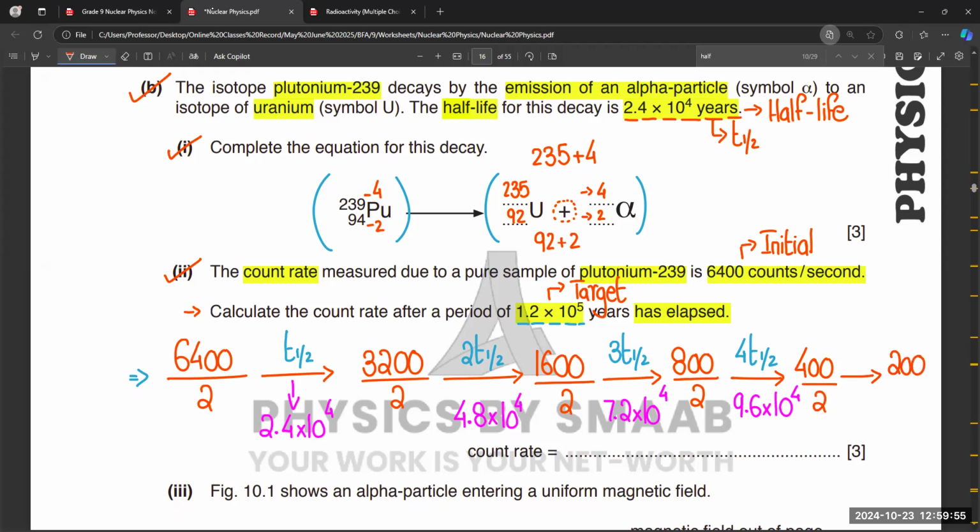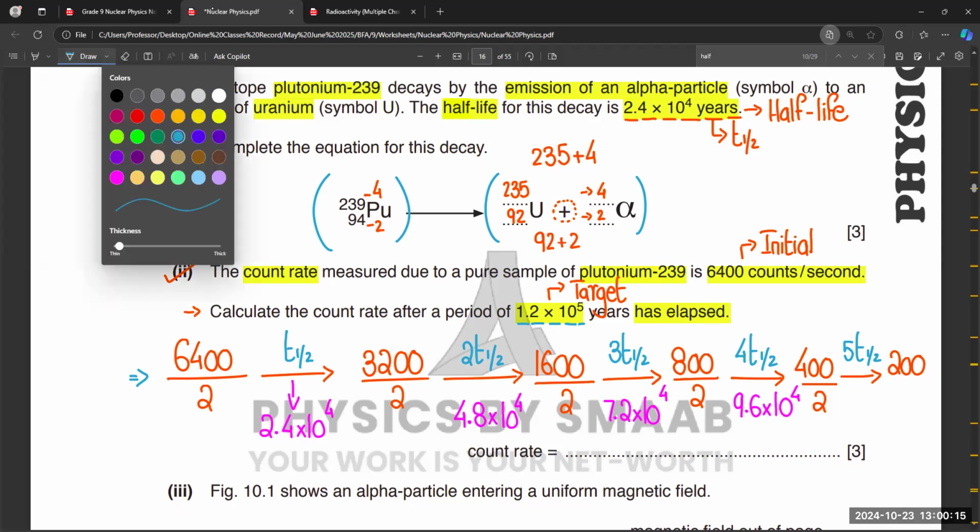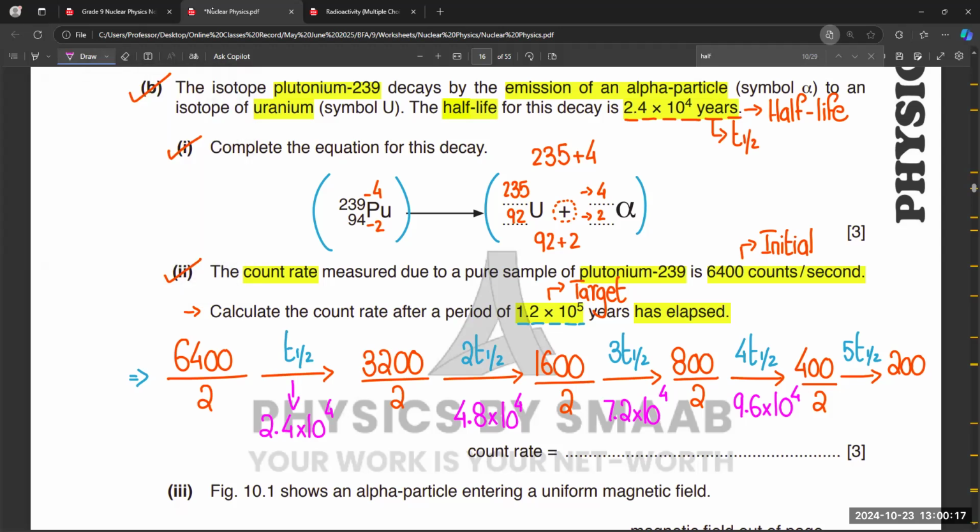So this is the fifth half-life. One more time, we need to add the same value, 2.4 exponent 4. So now you are getting your targeted value, which is equal to 1.20 exponent 5.